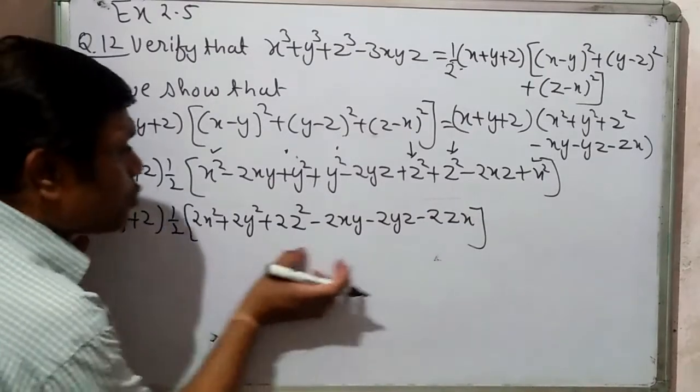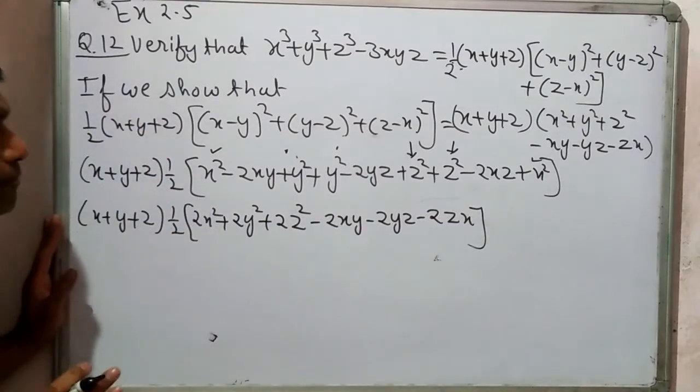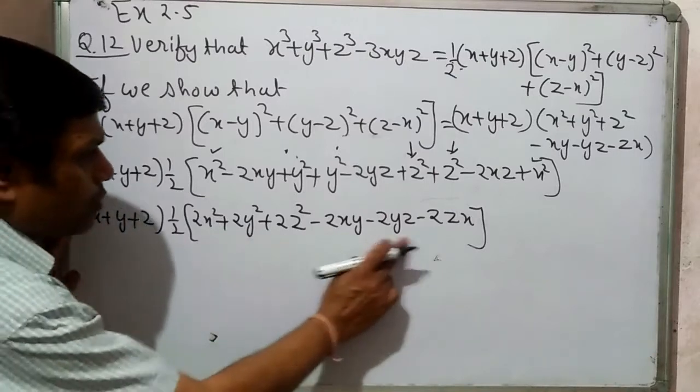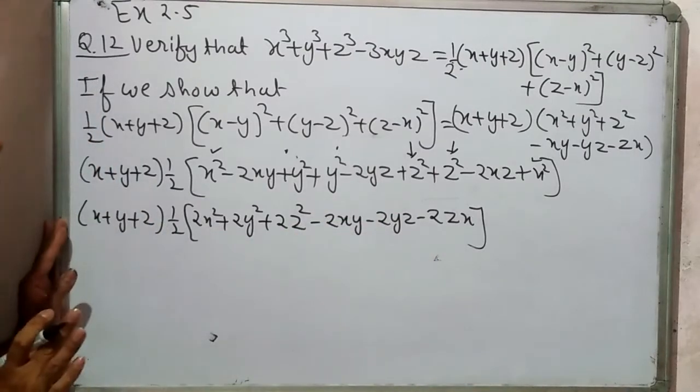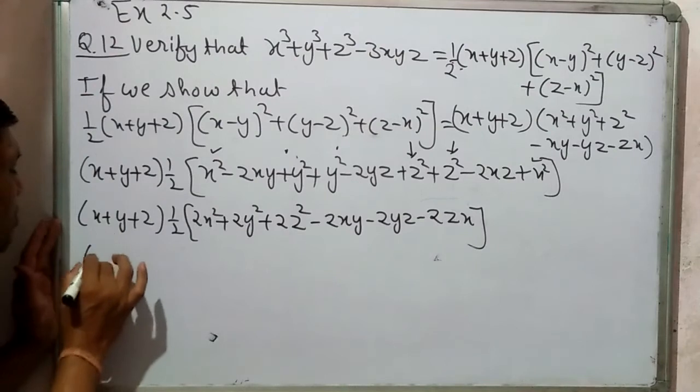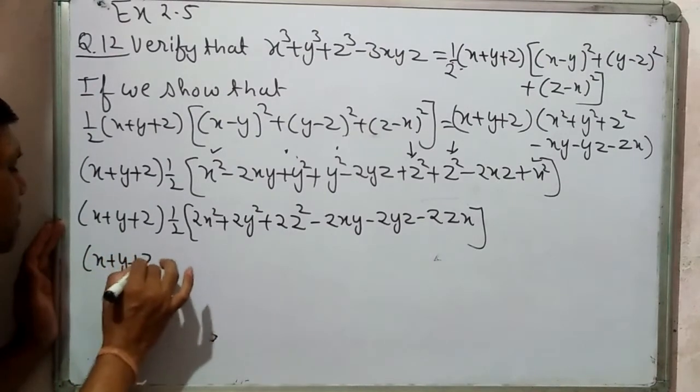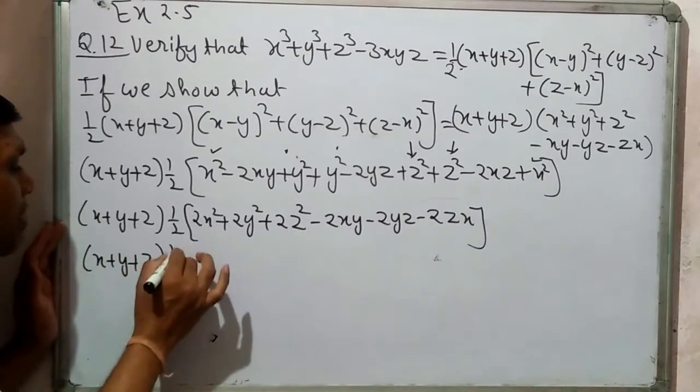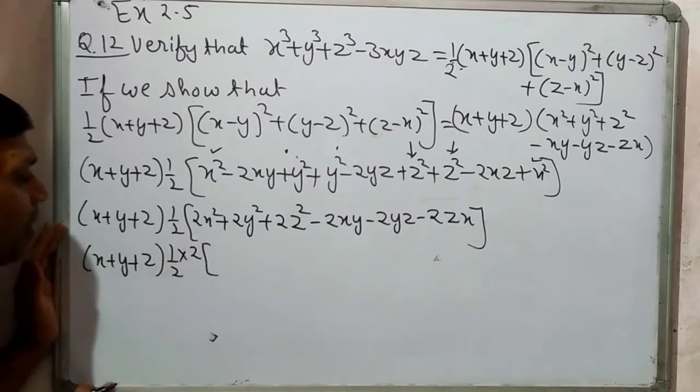Can we take 2 common out from these? All the terms are multiplied with 2. We can take this common out. So what we get is x plus y plus z multiplied with half. 2 is taken common out.